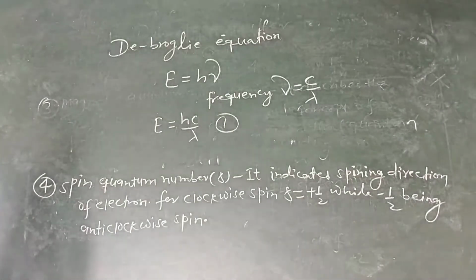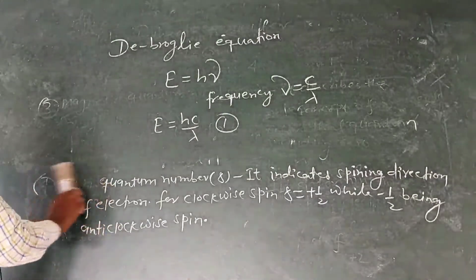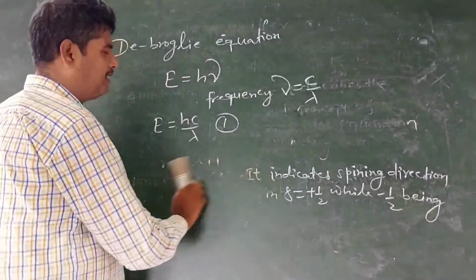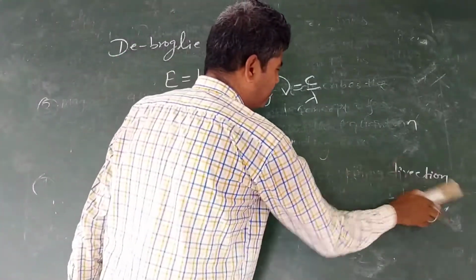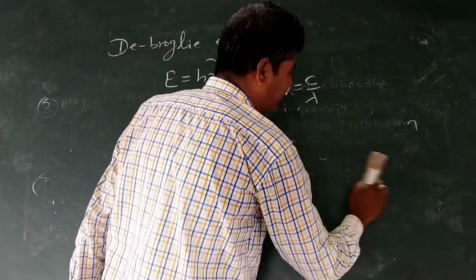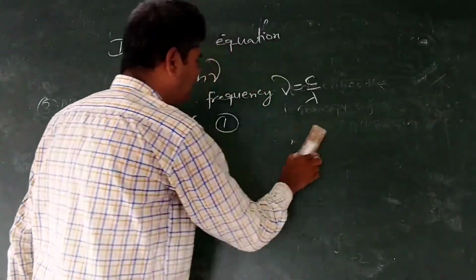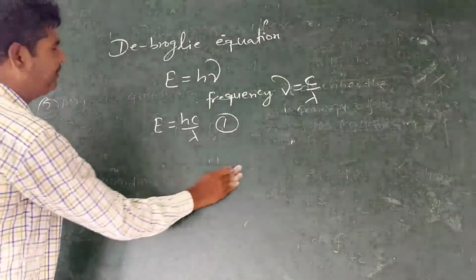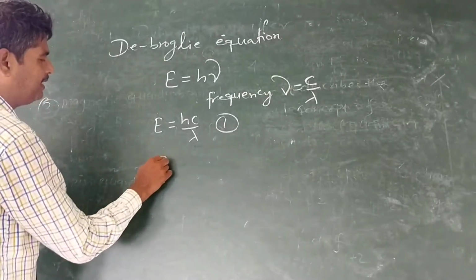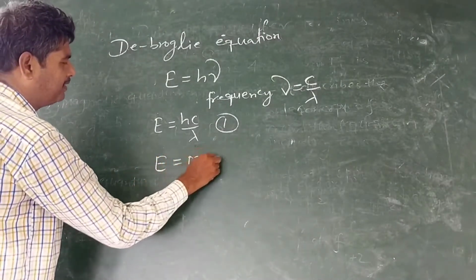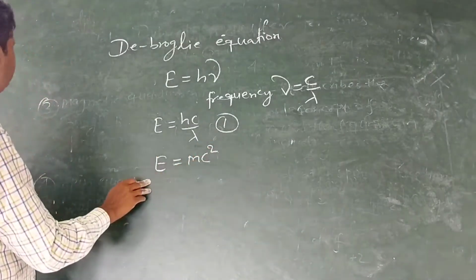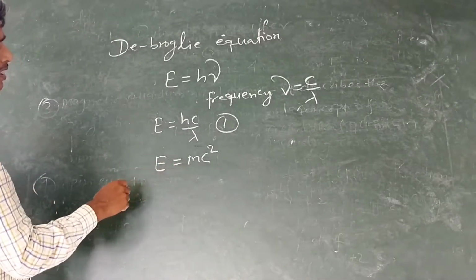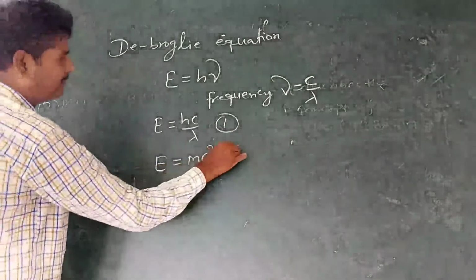Accordingly, Einstein said energy is also related with the destruction of mass. So on the basis of this consideration, energy may also be given as E is equal to mc square. This is the very important equation provided by Albert Einstein.